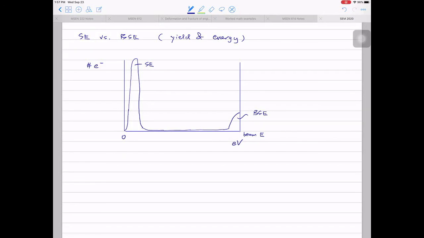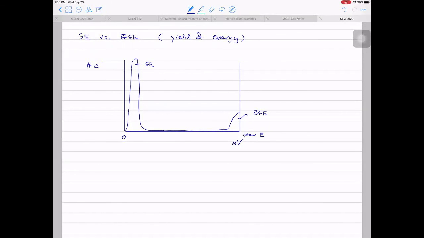And that's why, in the same condition, you may see a very clear image from SE with a very good signal to noise ratio, but a very noisy BSE image. This is in terms of the number of electrons. Then in terms of energy, SE is much lower and BSE is much higher. The reason is that SE are electrons bound to the nuclei in the material, with energy in the eV range.